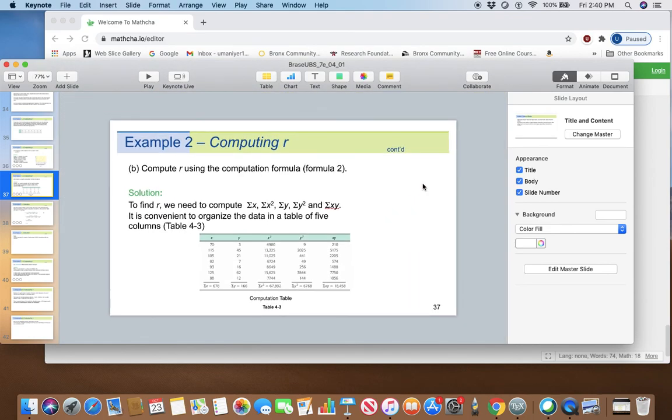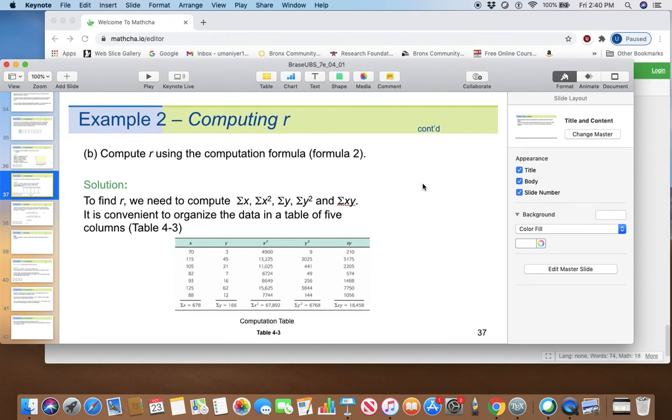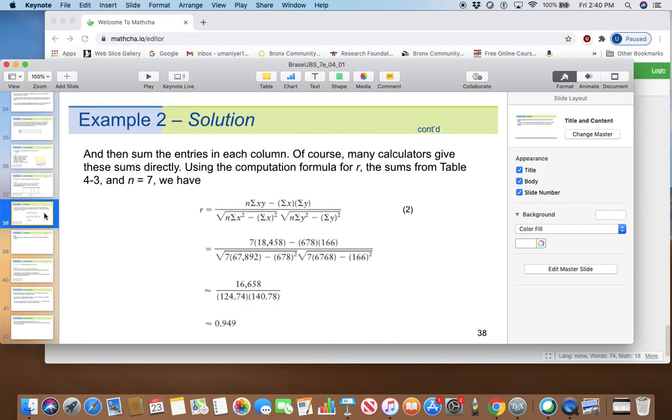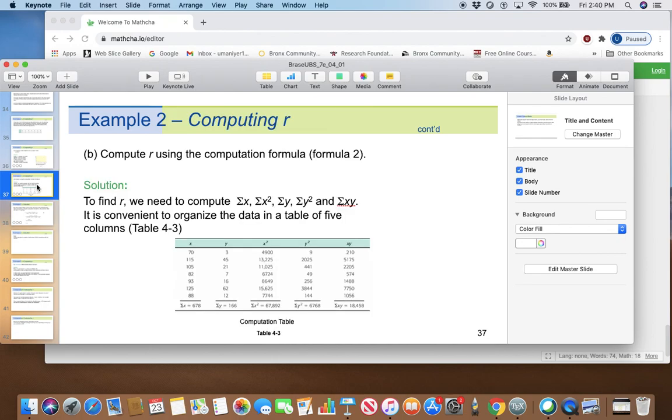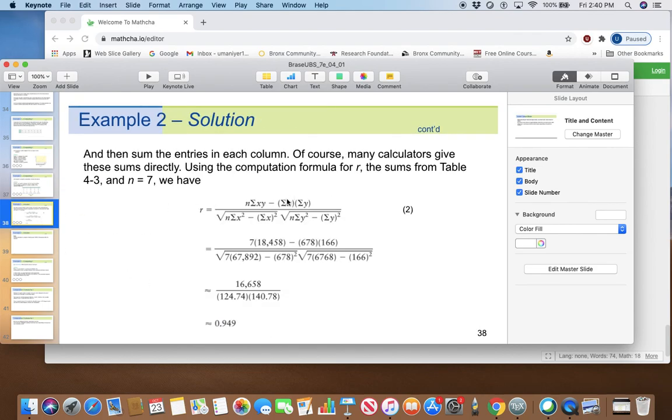Next, you are going to plug into the formula. You had 7 points: 1, 2, 3, 4, 5, 6, 7. So you're going to use n equals 7 and simply punch in all the values until you get something.